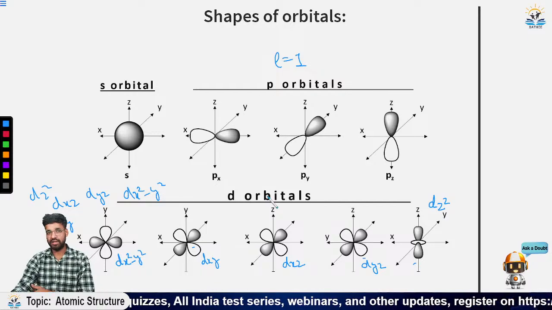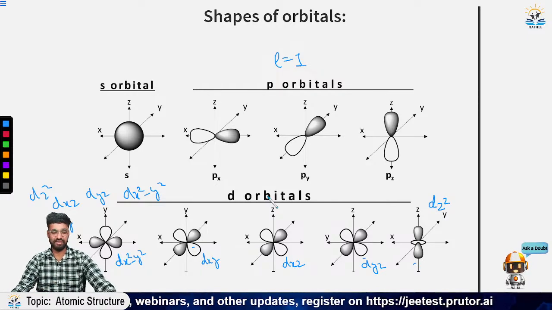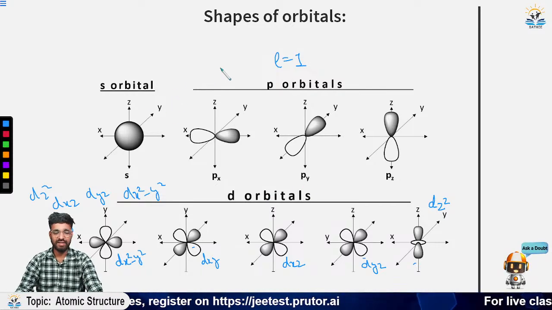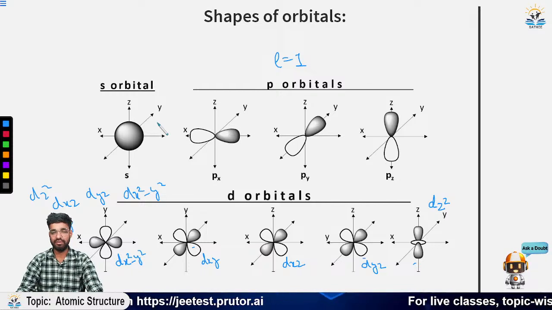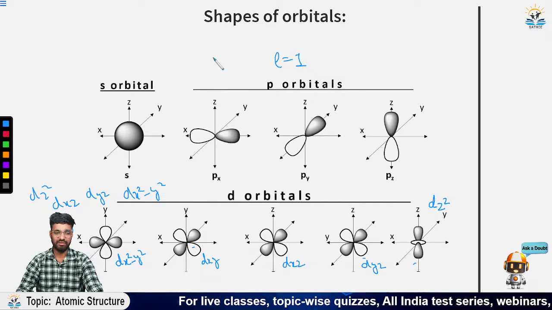So we have seen three things here, but the orbitals will be made clear in the coming slides. The first is the shell. For n is equal to 1, the principal quantum number is 1, then we have the first shell. Then n is equal to 2, the second shell.